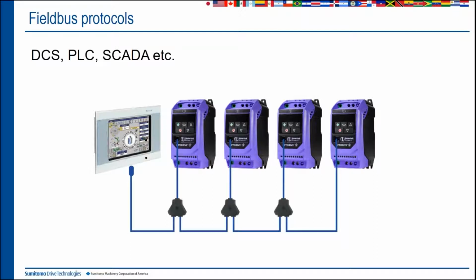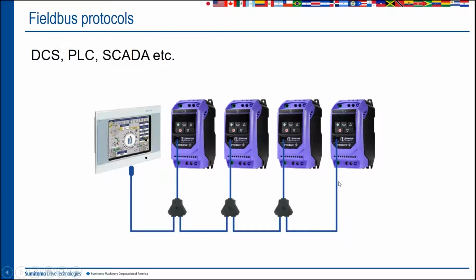And maybe if, for example, you were going to select a very basic, simple and cheap drive like the Optidrive E3, this can solve as much as 85 or 90% of your applications. Maybe if you need a specific fieldbus protocol, you may need to scale up to a P2 Optidrive.